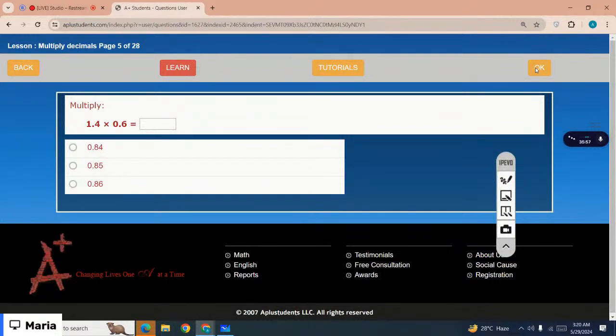The next one is 1.4 times 0.6. So which is the correct option? That is 0.84.